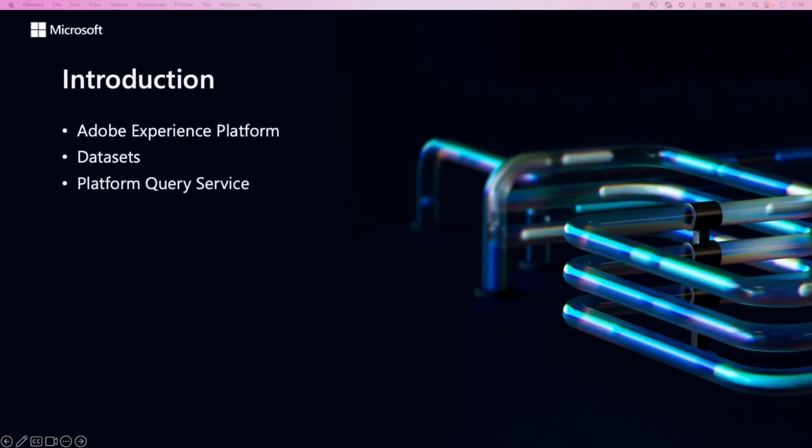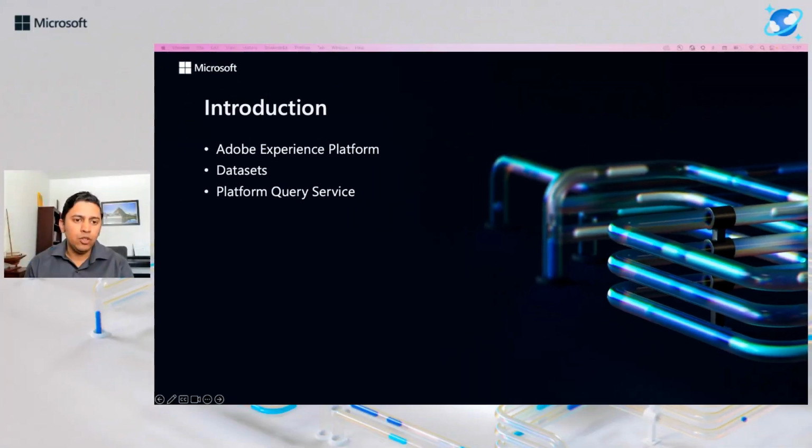First of all, Adobe Experience Platform. Adobe Experience Platform is a data platform used by digital marketers to ingest big data and then create digital marketing actions such as email campaigns and digital marketing ads. The Adobe Experience Platform is powered by Azure Data Lake, and at the center of Adobe Experience Platform is an object called datasets.